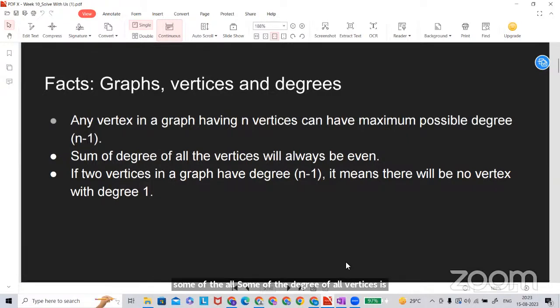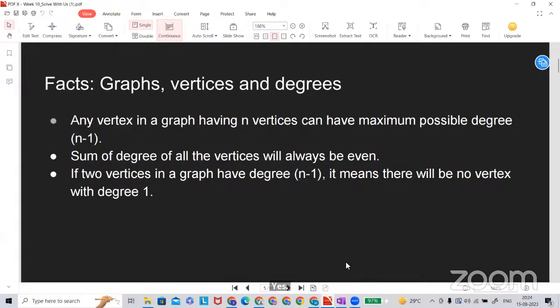Can you tell me why? Because if you take two nodes and connect them with one edge, the degree of one is 1 and the degree of the second node is 1, and if you sum them, you get 2, which is even.